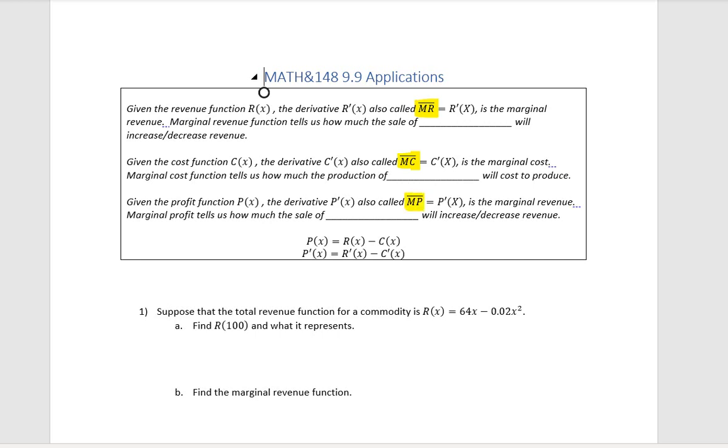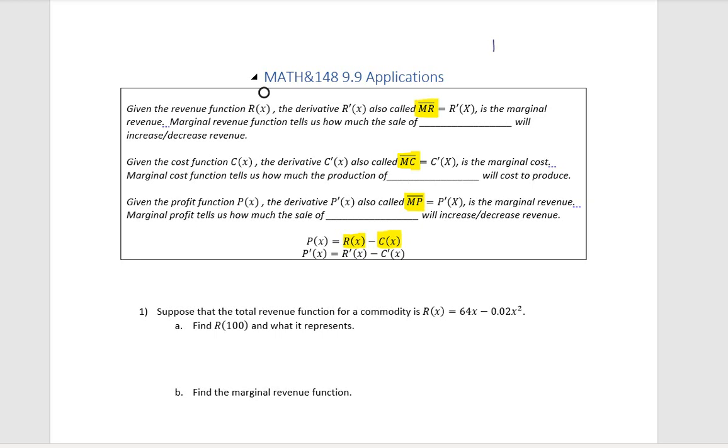So if you want to know how much money you're actually making, then what you're going to do is that you're always going to be taking the amount that you made overall minus the amount it cost you to make that product. So what is the derivative? Remember, R of X means that's how much money you're making if you produce X units.